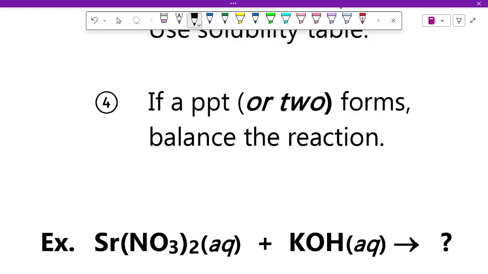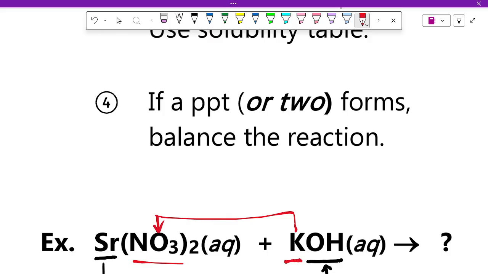You just need to look on your solubility table. These are double replacement. Single replacement, yes, but we're going to replace that with something better this year. We're going to replace it with the reduction potential table. Yes. Sorry, that took a long time to drag out of my head.